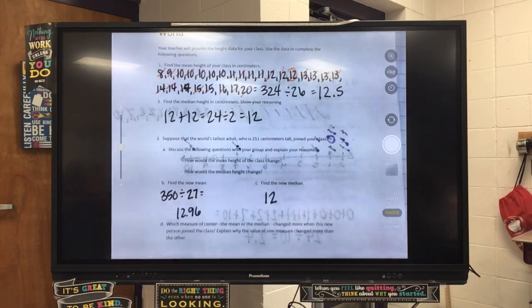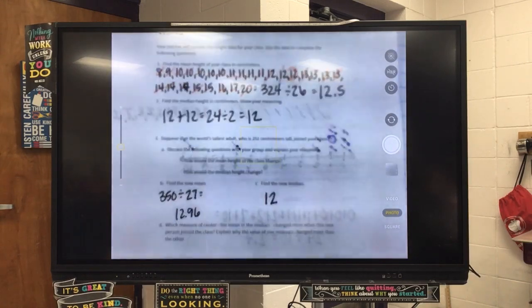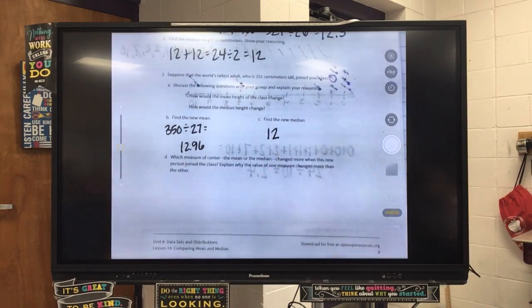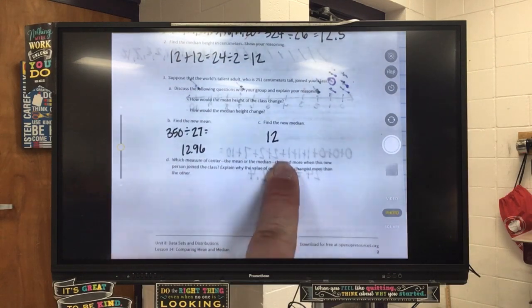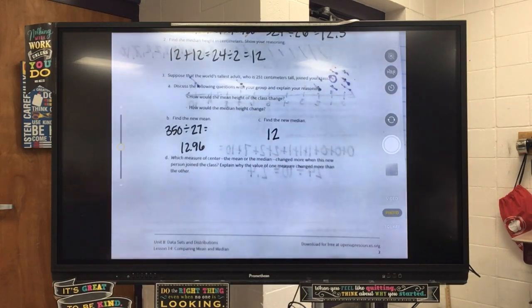Questions? Don't overthink statistics. That's what I need you not to do. Statistics is a very common sense kind of thing. All right, D says, which measure of center, the mean or the median, changed more when this new person joined the class? So did our mean change or our median change? Which changed more?